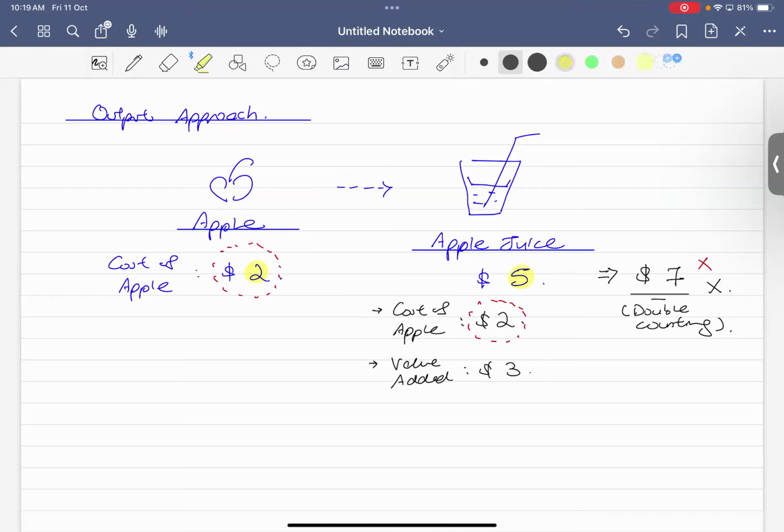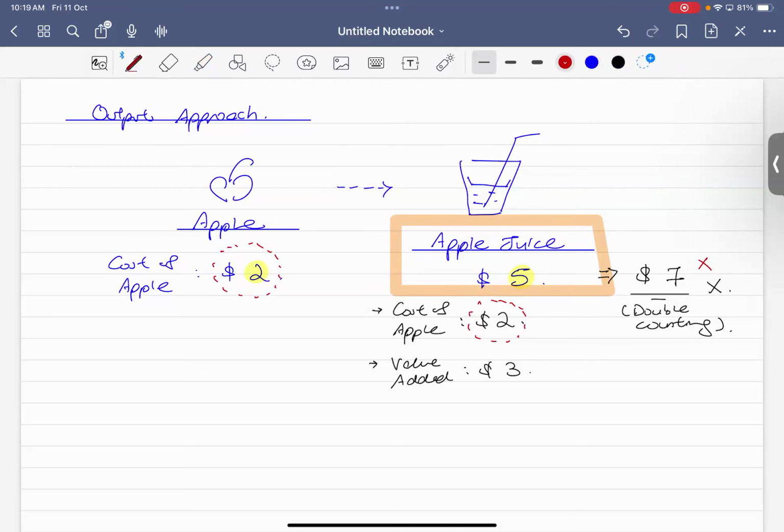We should just take the value of final outputs. This is the value of final outputs. We should take this value of the final outputs as one of the methods, or we look into the value added part.